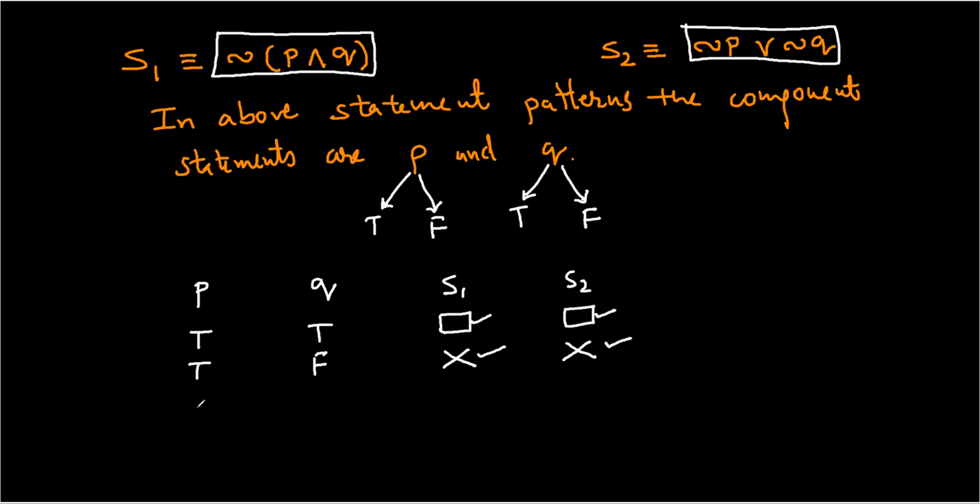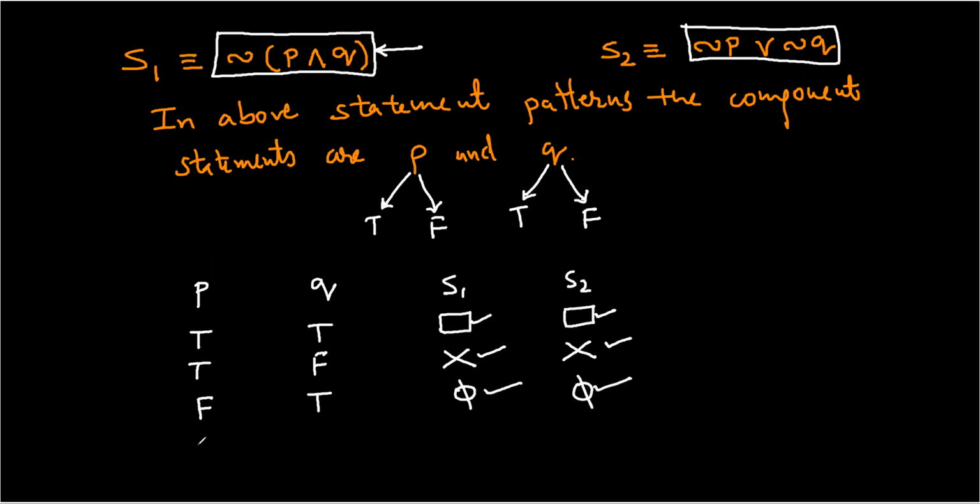Then the next combination is P false and Q true. For P false and Q true, you find the truth value of S1, and when you find the truth value of S2, once again you get the same truth value.